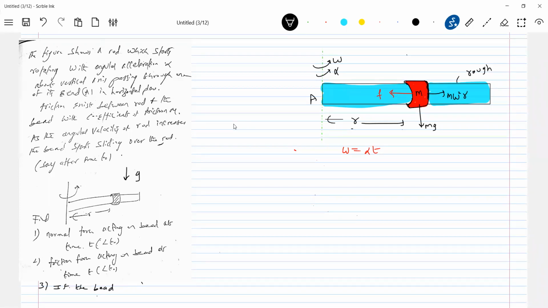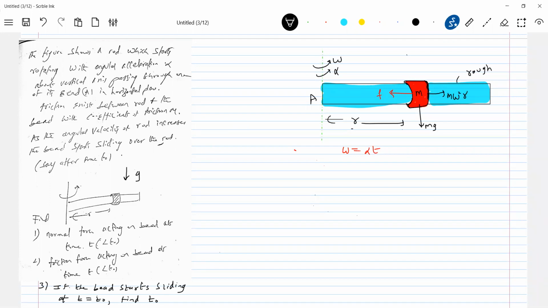If the bead starts sliding at t equal to t naught, find t naught. This condition is what it is asking.